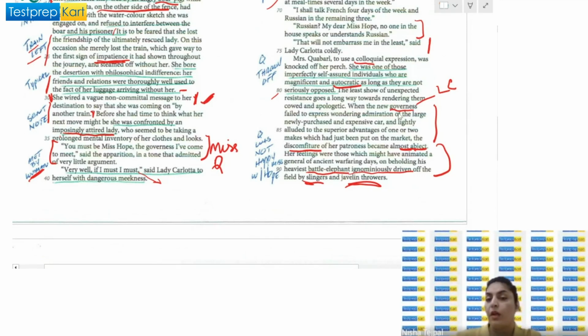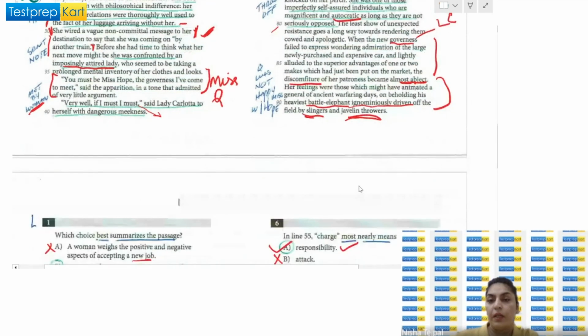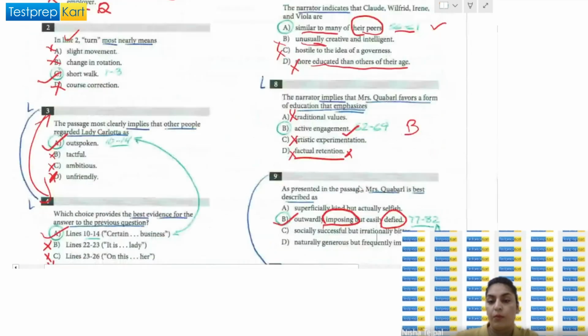When the new governess failed to express wondering admiration of the large, newly purchased and expensive car, and lightly alluded to the superior advantages of one or two makes which had just been put on the market, the discomfiture of a patroness became almost evident. So this is shown, okay, that we have one more supporting point for this.